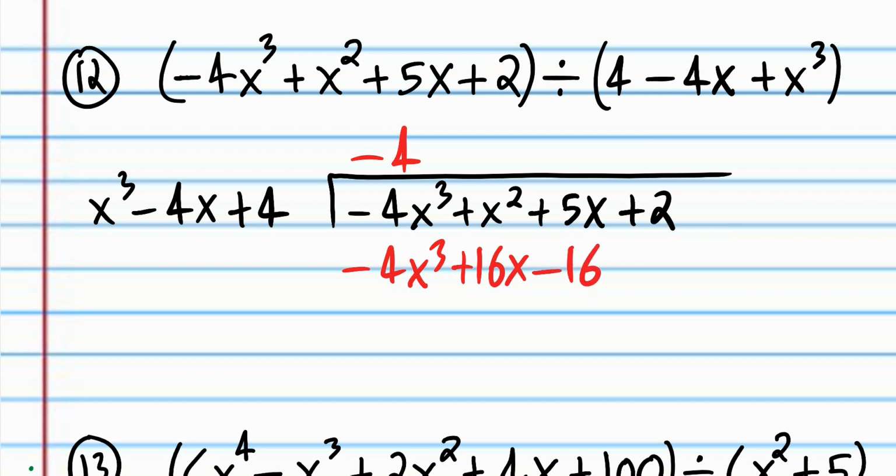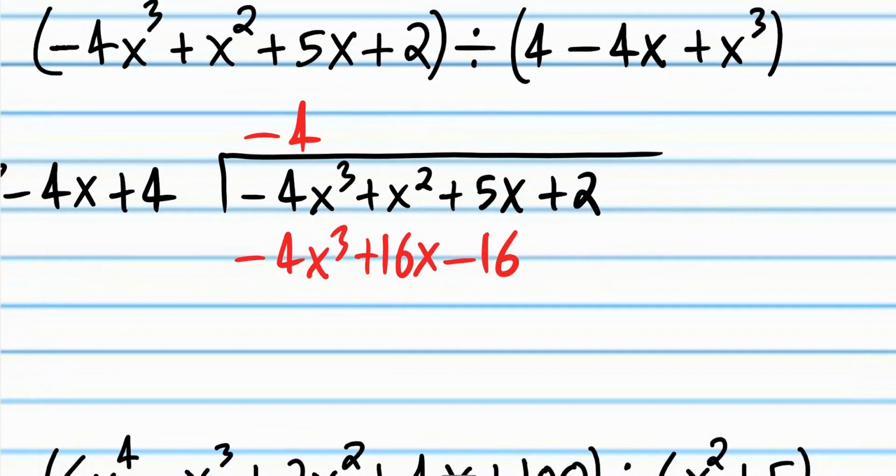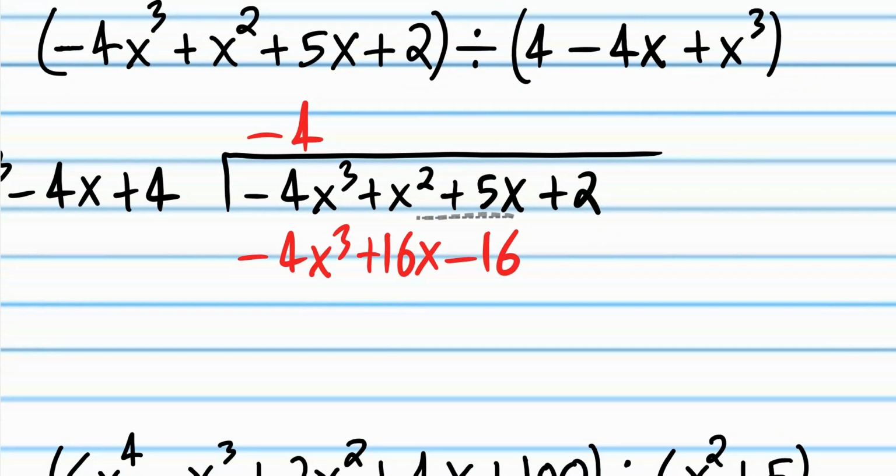But again, with these problems, we have a situation here because we cannot subtract 16x from x squared. We can do it, but we can't really combine the terms. So what we have to do is shift the 16x and the negative 16 over, so we have kind of a gap there.